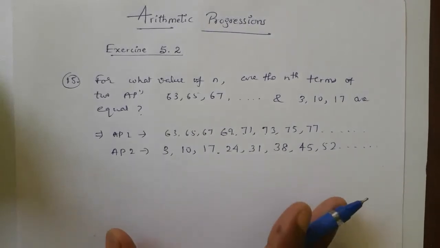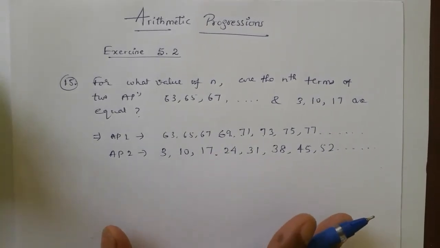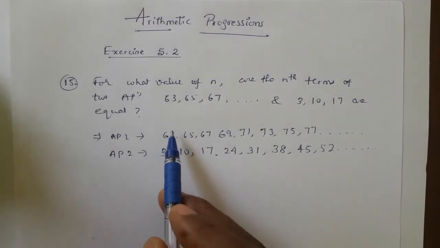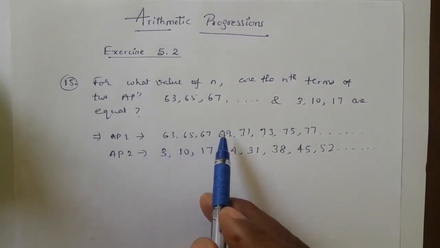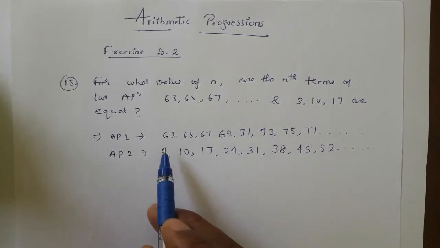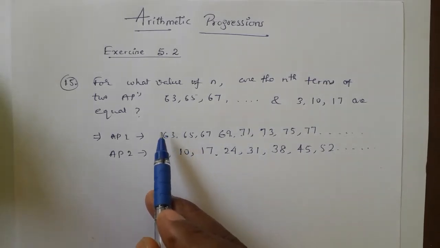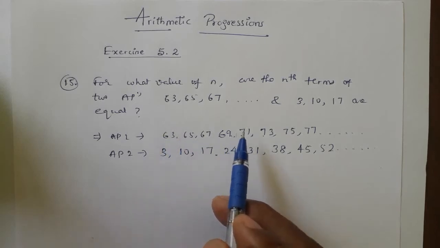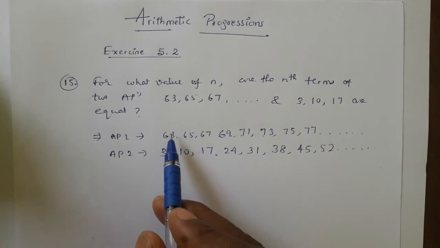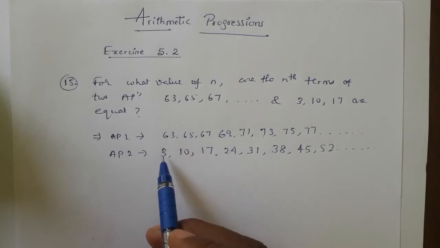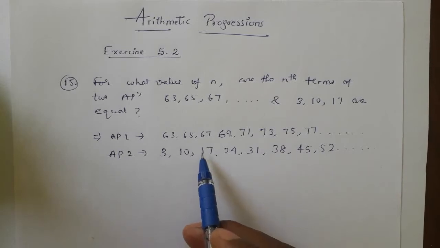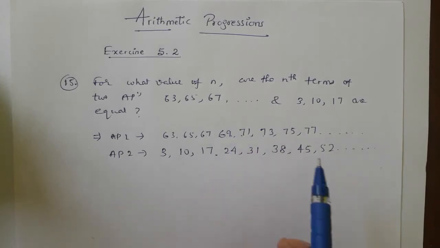But at a particular value, both the APs are meeting each other, because the first AP started from 63, of course, but it is just 2 increasing. But the second AP started from a smaller value. The first AP started from 63, 2 increasing, but the second AP started from a low value. This is 63, this is just 3. But it is increased by 7. Now, definitely the second AP will meet the first AP at a particular value.